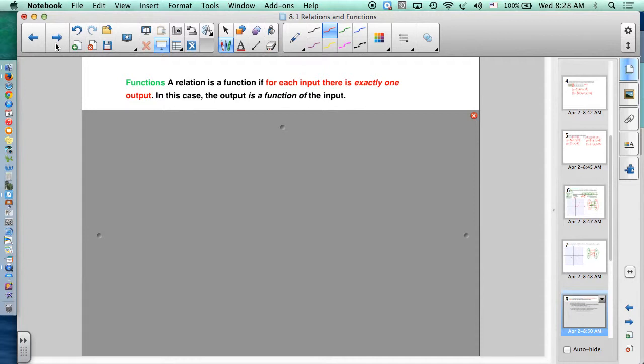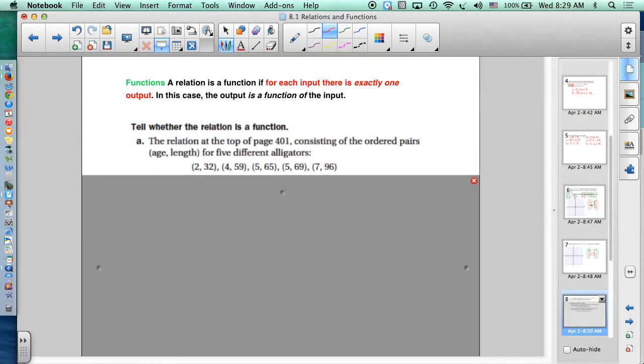If I rephrase that using x and y values, it means that for every x value, there is exactly 1 y value. If this is the case, then we say that the output or the y value is a function of the input or x value. Y is a function of x if for every x value there is only 1 y value.